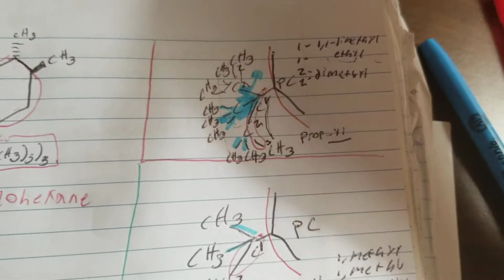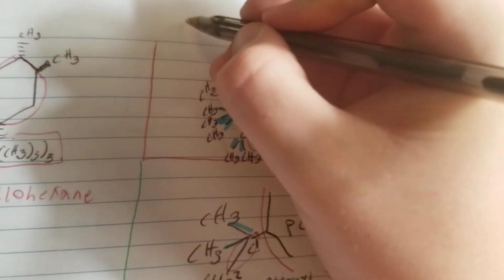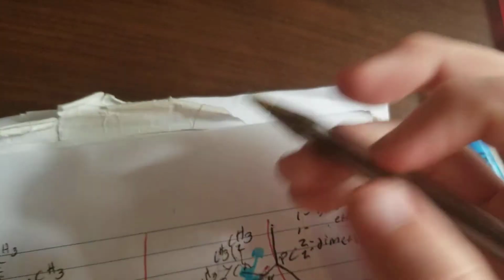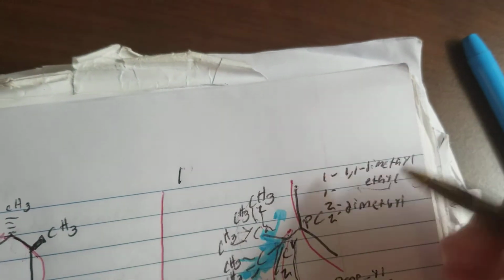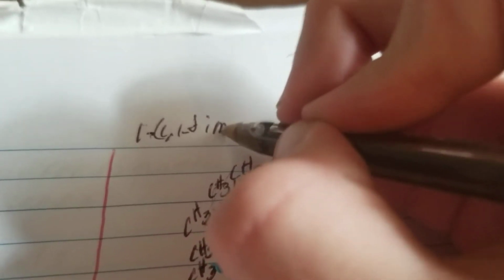So, in that case, the name of this substituent will be 1,1 dimethyl ethyl.